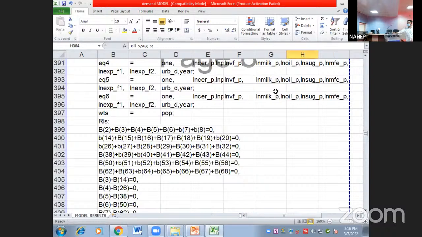We have all 6 equations now. The last one is the share of expenditure on edible oil.